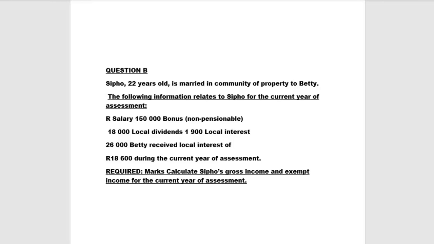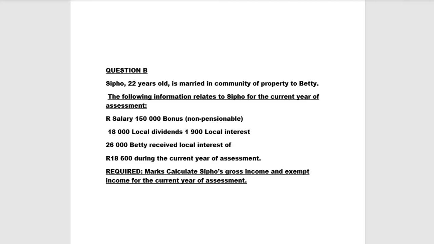Let me quickly look at that specific question, I think I'm missing something. Please calculate Sipho's gross income and exempt income for the current year of assessment.